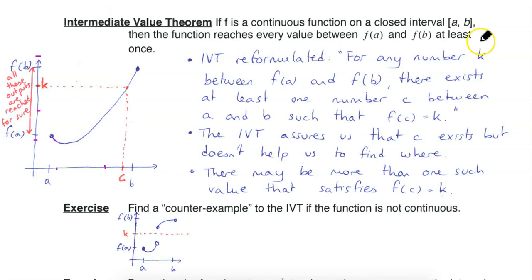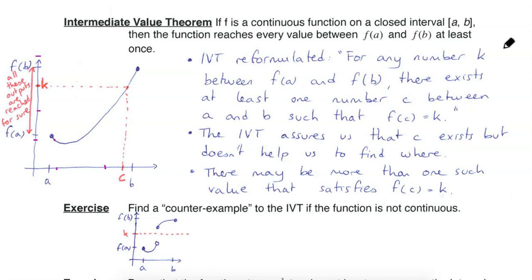So let's read the mathematical definition. For any number k between f of a and f of b, there exists at least one number c between a and b such that f of c equals k. So the IVT assures us that c exists, but it's not a very powerful theorem. It doesn't help us to find where c is.